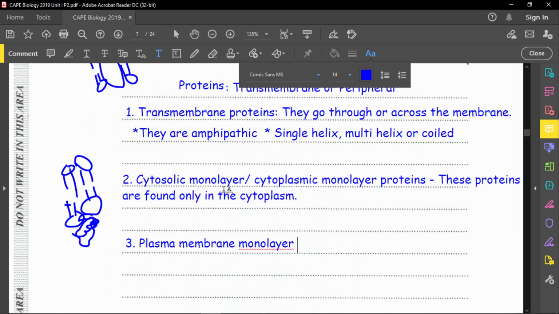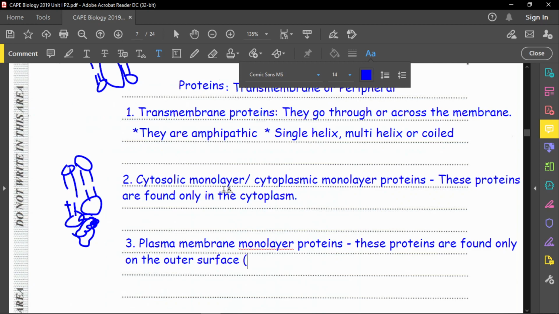These monolayer proteins are found only on the outer surface, so they only attach to the outer surface of the membrane itself, which is in the extracellular fluid.